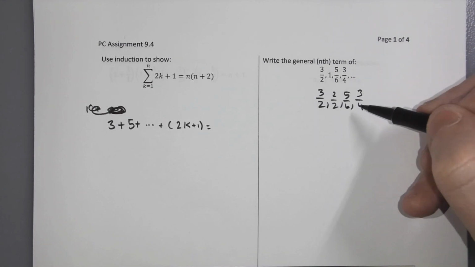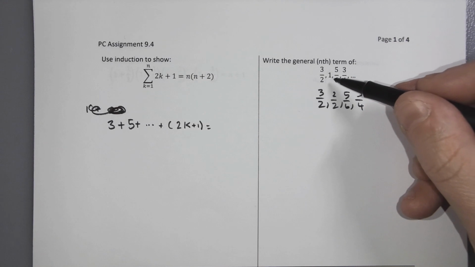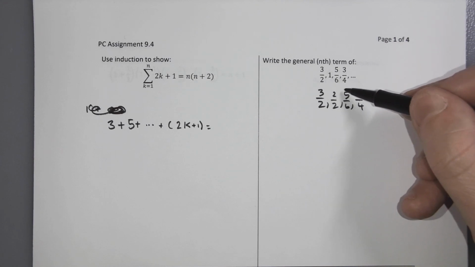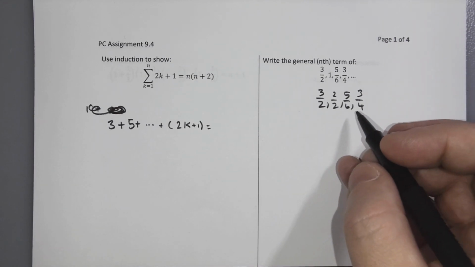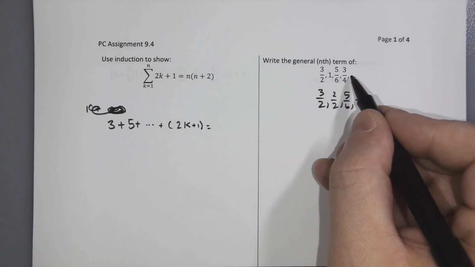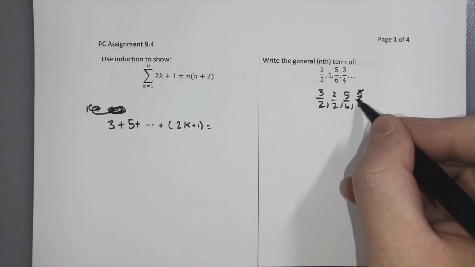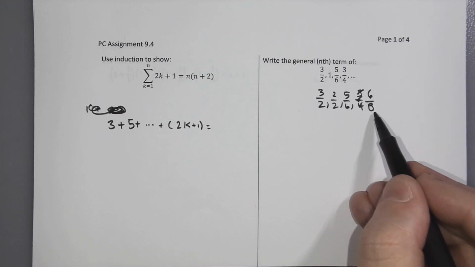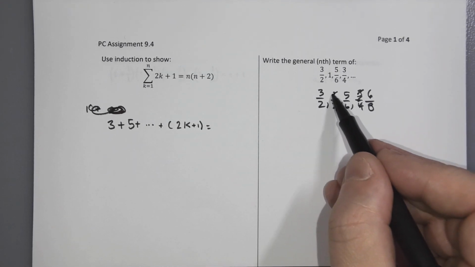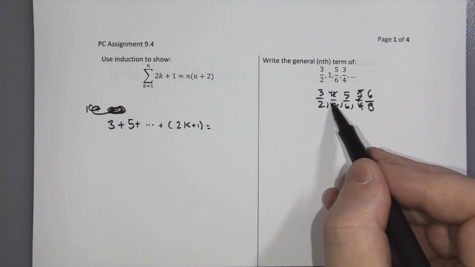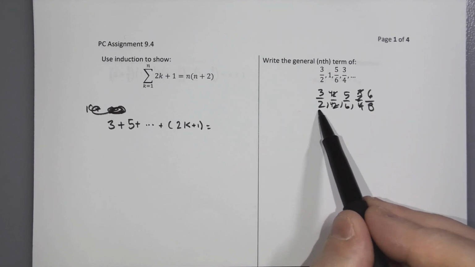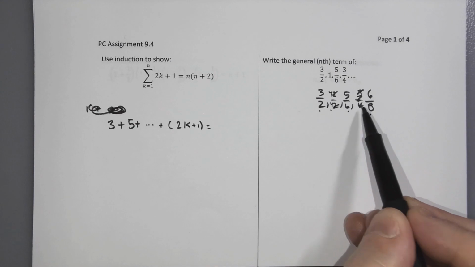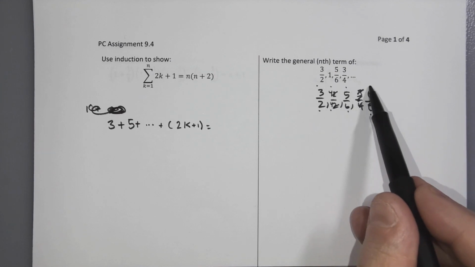Let's see, 2 to 4, adding on a half. Okay, then let's try rewriting it. Oh, maybe if we write this one as 6 over 8, because then I see the 2, 6, 8. And then maybe this one as 4 over 4. Yeah, there it is: 2, 4, 6, 8 and 3, 4, 5, 6.